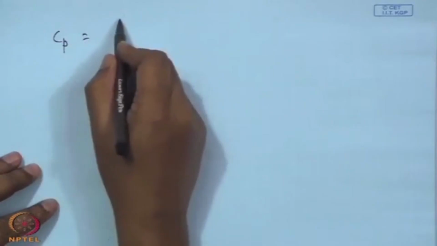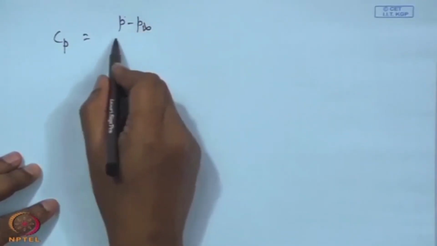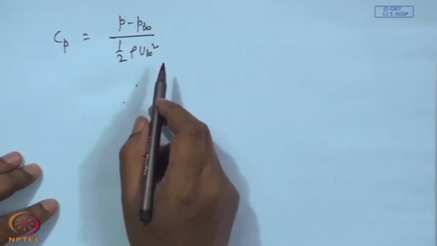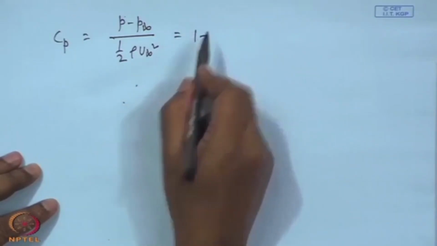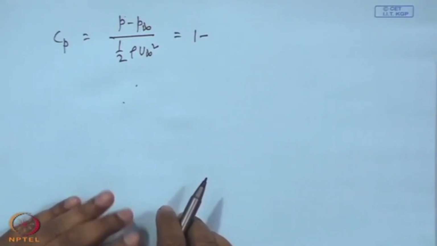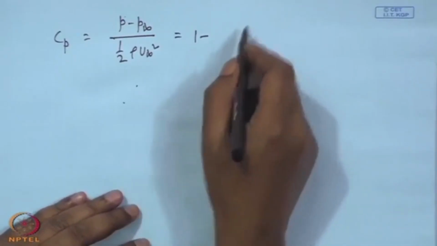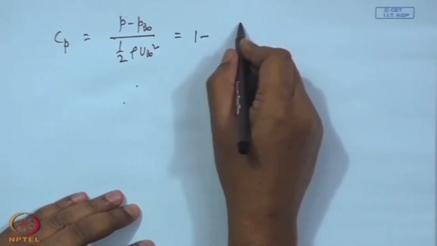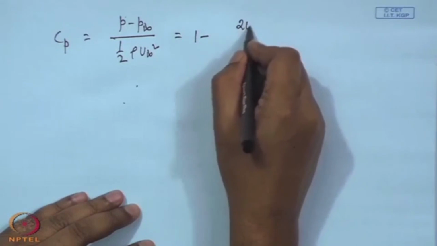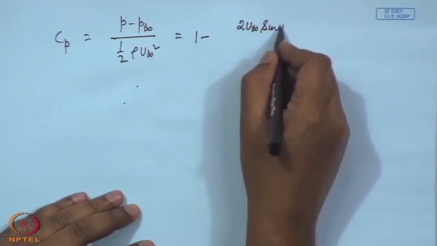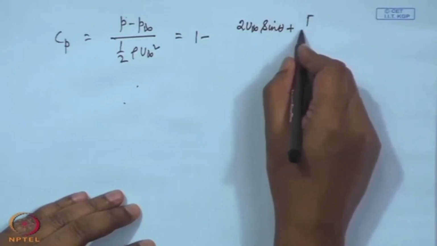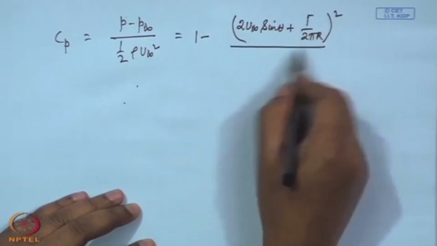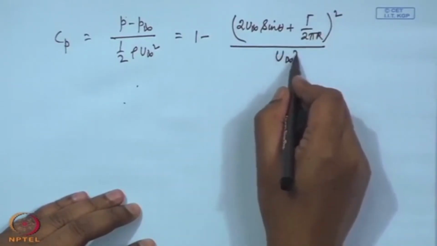Cp equal to P minus P infinity by half rho u infinity square, equals 1 minus 2 u infinity sin theta plus gamma by 2 pi r, whole square, divided by u infinity square.